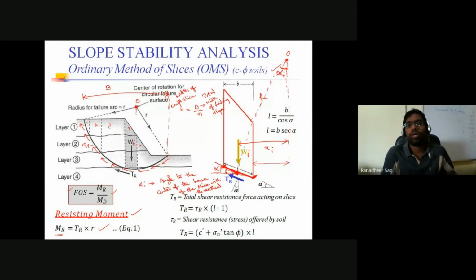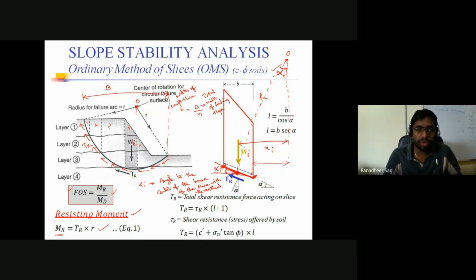How much is the angle that is made to the center of the base of your slice with the vertical? That angle is what we are writing as your alpha I. In the other way, I can also call it the angle at which your failure surface exists, when defined with respect to the center of the base of the slice, with the horizontal. That is also nothing but simply represented as alpha I.